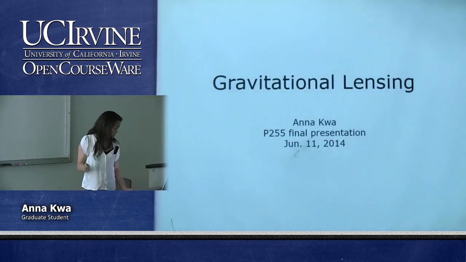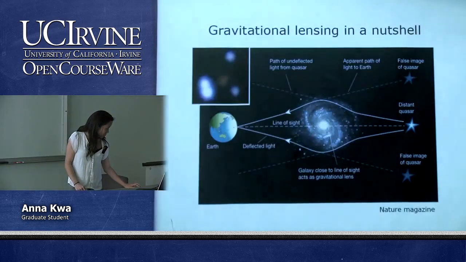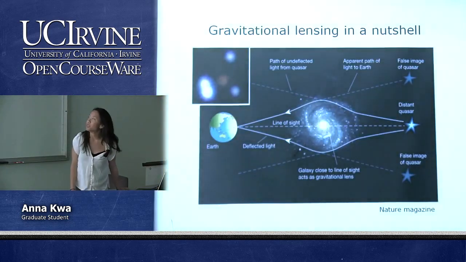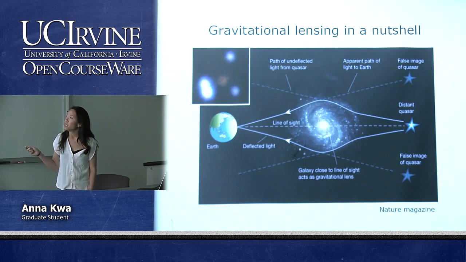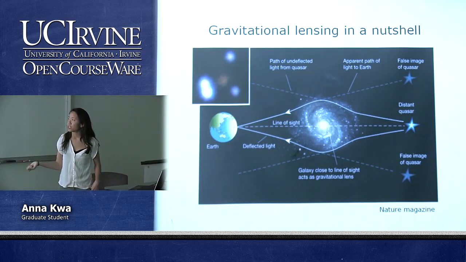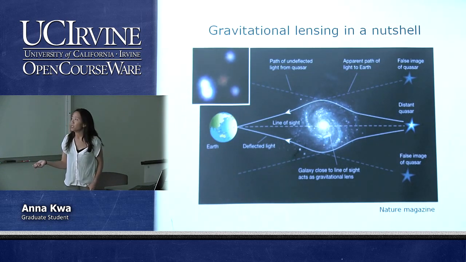Okay. Hi, I'm Anna. I'll be talking about gravitational lensing today. You all probably already know this, but in a nutshell, gravitational lensing is when you've got two objects along your line of sight and the lens object is in the middle. It has to be pretty massive to actually curve space-time enough for you to observe the lensing effect, so usually we talk about lensing by galaxies.